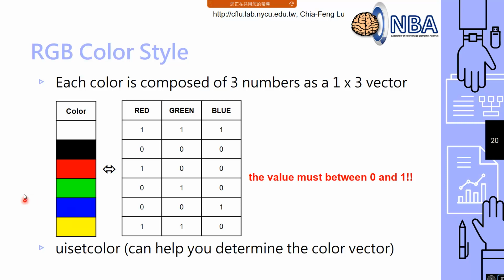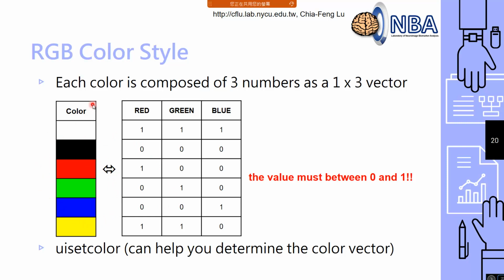But I have to say, actually, the order would be reversed, because for the array, for example, this is a 6 by 1 array, or you can say 6 by 3 array. This is the first row. So I have to say this is the lowest value. First row, second row, third row, fourth row, fifth row, and the sixth row right here, okay? So you can think about this. In this example, we have 6 different colors for 6 different labels.